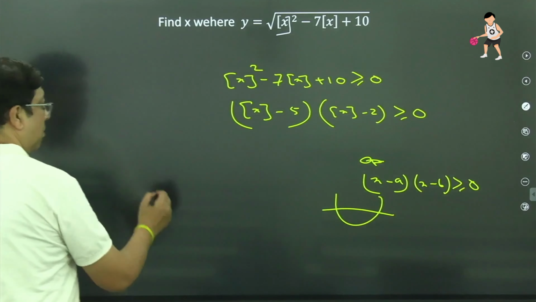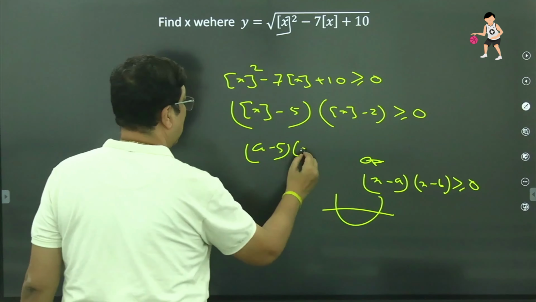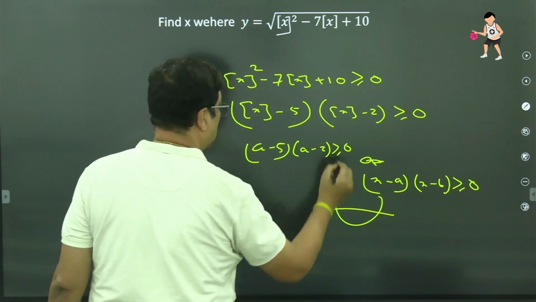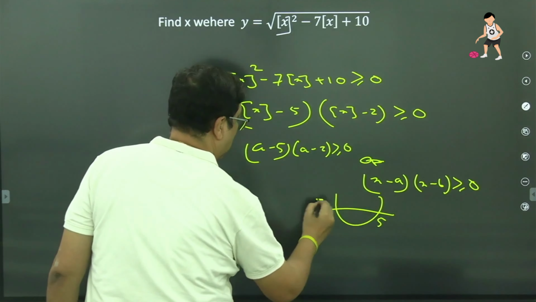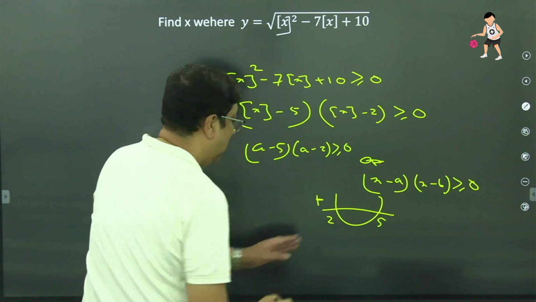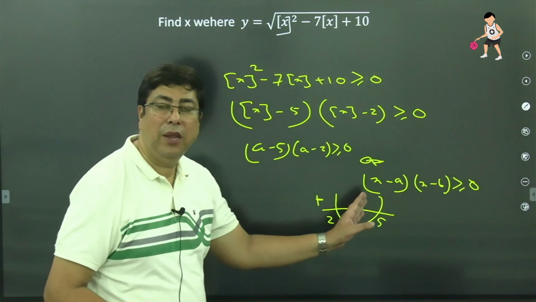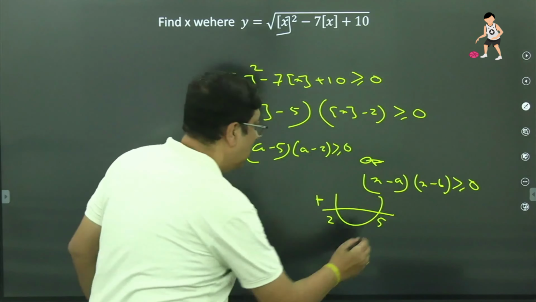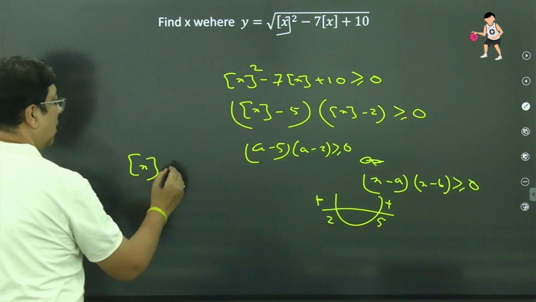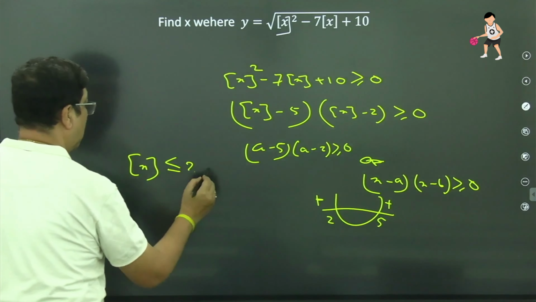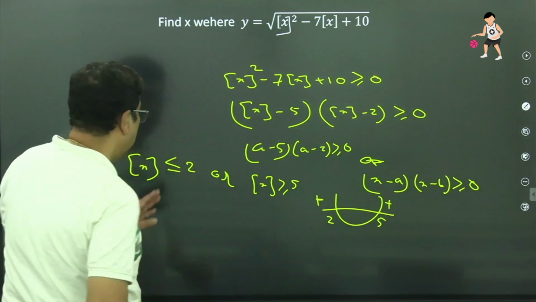Greater than equal to 0 means, suppose a minus 5 into a minus 2 greater than equal to 0, suppose this is 2, this is 5, then x less than equal to 2 or greater than equal to 5. This portion you have to take. This means floor x less than equal to 2 or floor x greater than equal to 5.